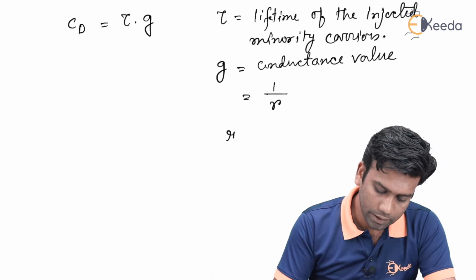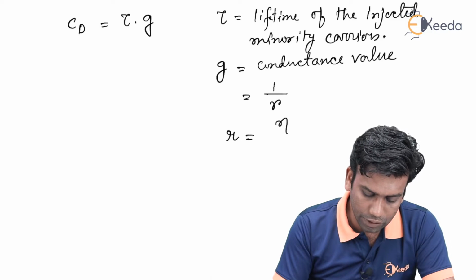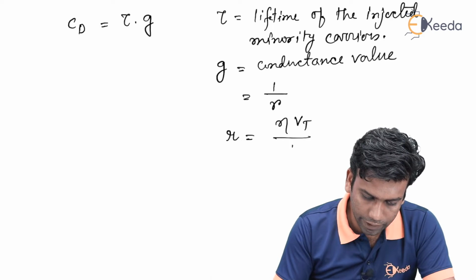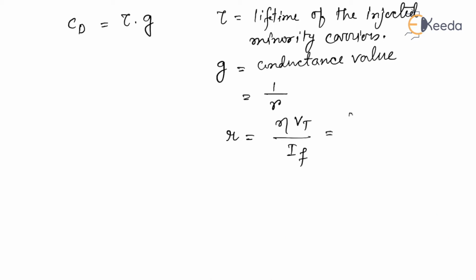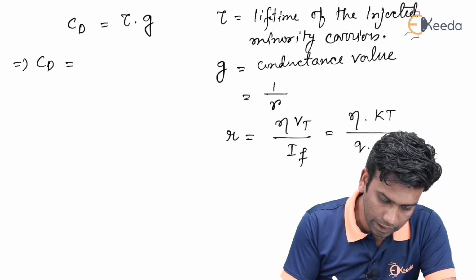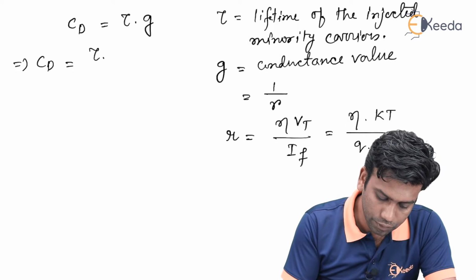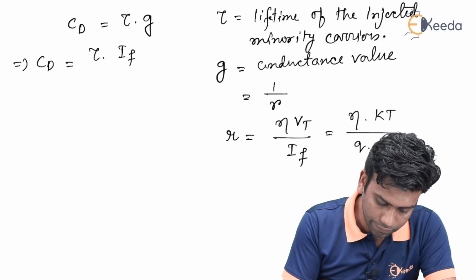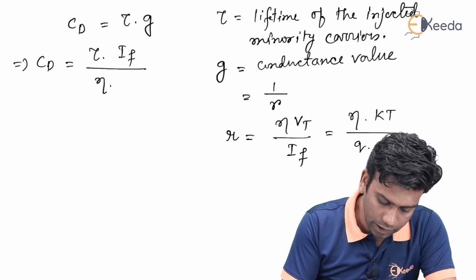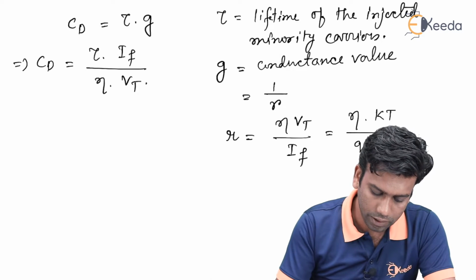So, we know that the small value of r is equal to eta V t divided by I f, and V t can also be written as K T by Q. So, C D value can be written as tau into G, and G means 1 by r, that is I f divided by eta into V t.